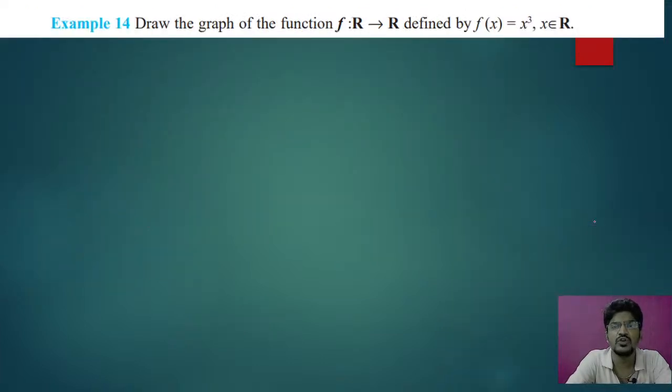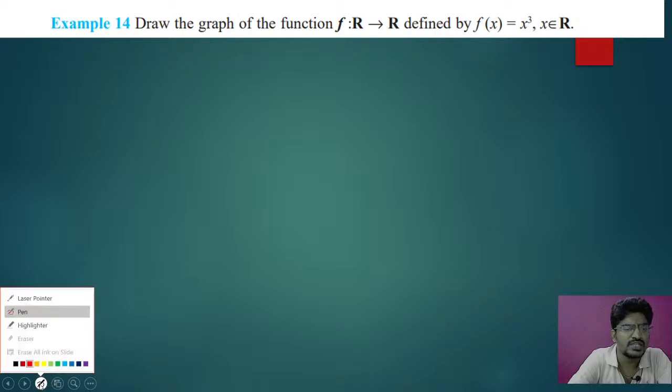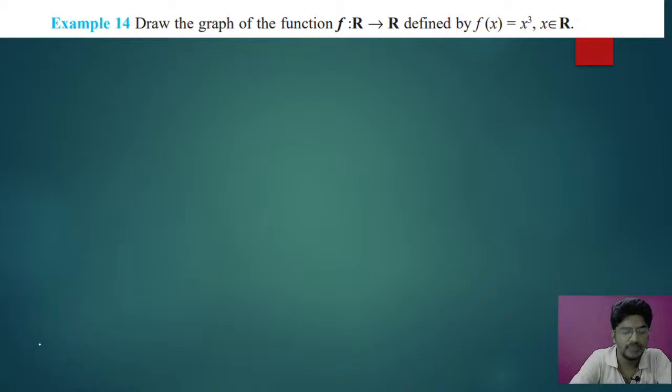Next, I have to go for f of x equal to x cube. This is also a polynomial function. See here, this is the x value, this is the f of x value.